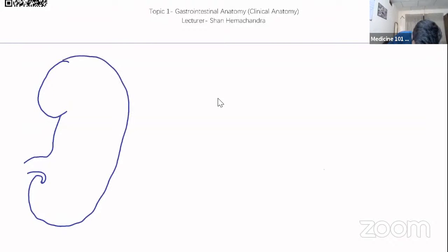Here is our fetus, and the fetus is going to grow out like this. I'm going to use 3 colors from this point.